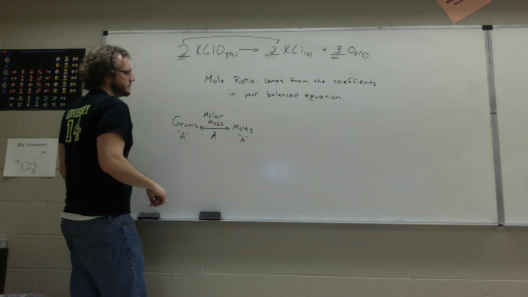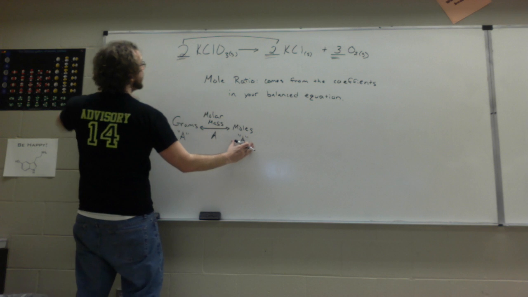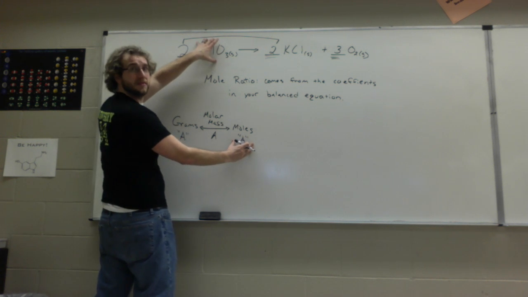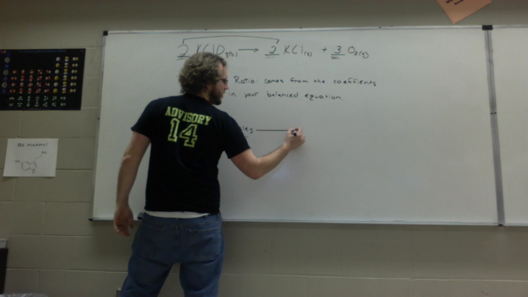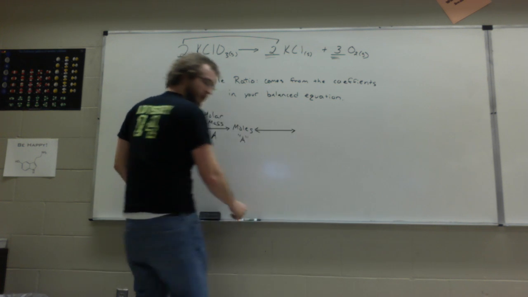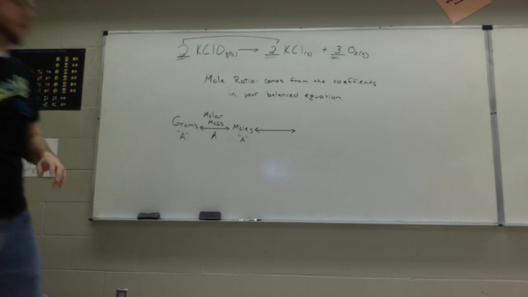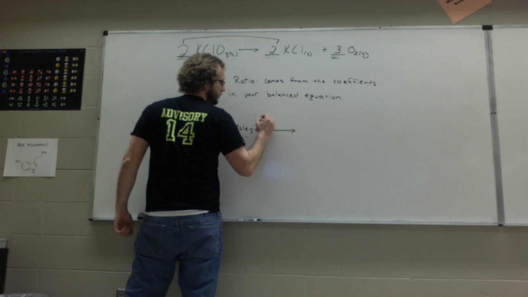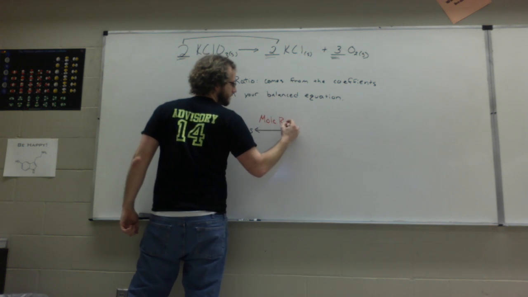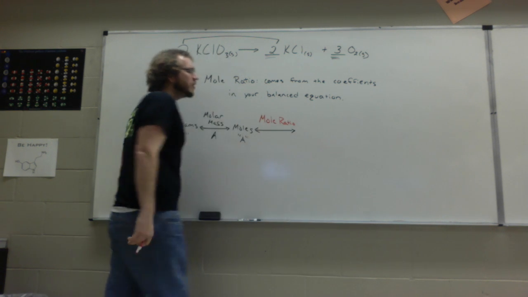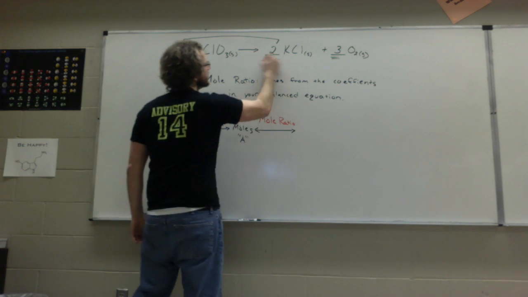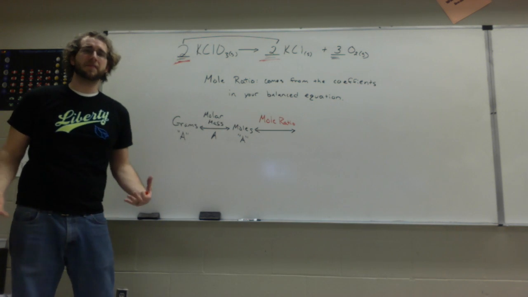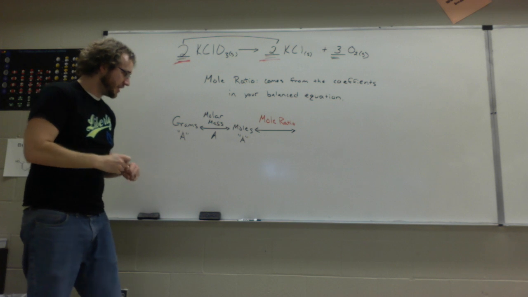The new piece is we now have a way to go from moles of some substance to moles of a different substance. And to do that, we use what is called the mole ratio. And don't let that frighten you. The mole ratio is just the coefficient in front of your substances in your balanced equation.